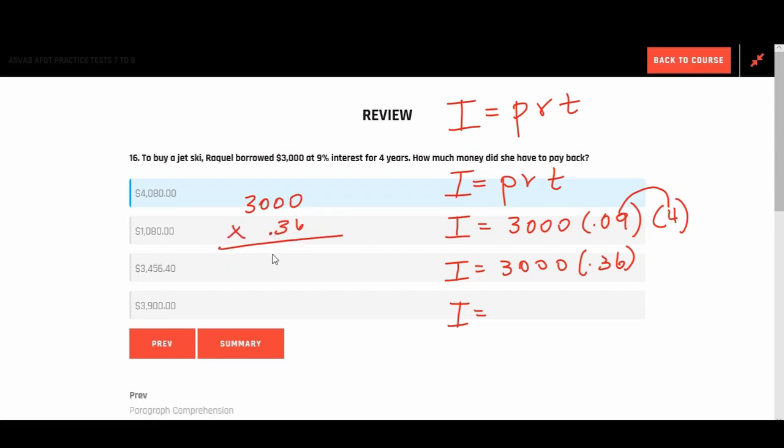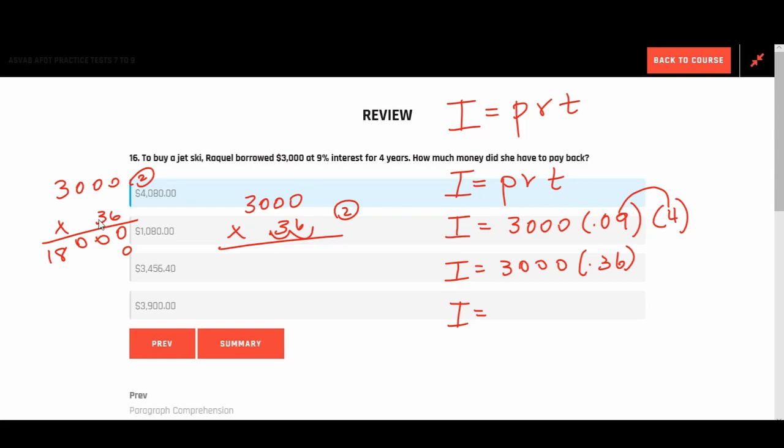Okay. We're multiplying a whole number by a decimal. Before I can do this, I have to make this decimal a whole number. That is, I'm going to make 0.36 into 36 by shifting this decimal place twice. In reality, I'm working out 3,000 times 36, albeit with 2 decimals to shift back in at the end. So let's work that out. 6 times 0 is 0, 6 times 0 is 0, 6 times 0 is 0, 6 times 3 is 18.